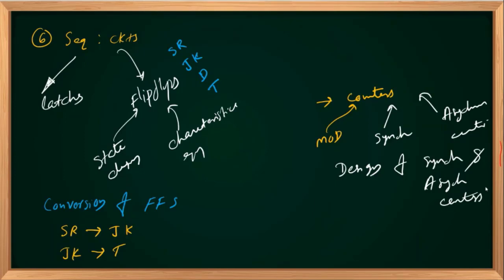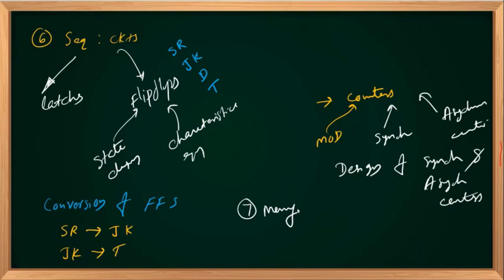Once the sequential circuits are completed, the second application of flip-flops is memory. So next we will be discussing memory, right? What is the total capacity of a memory? What will be the starting address of that particular memory if the ending address is given?